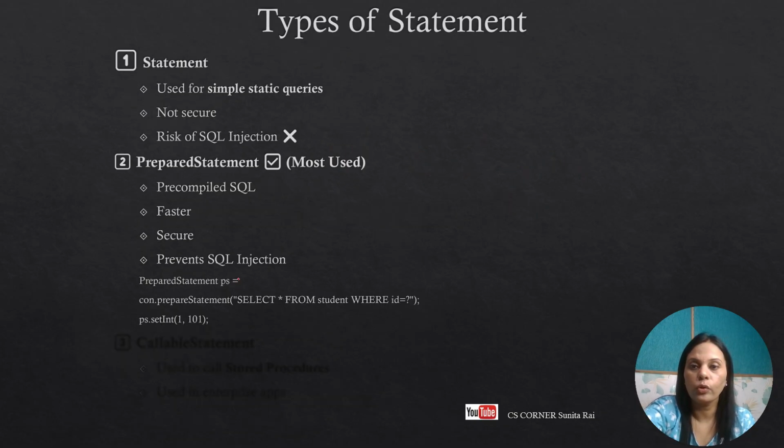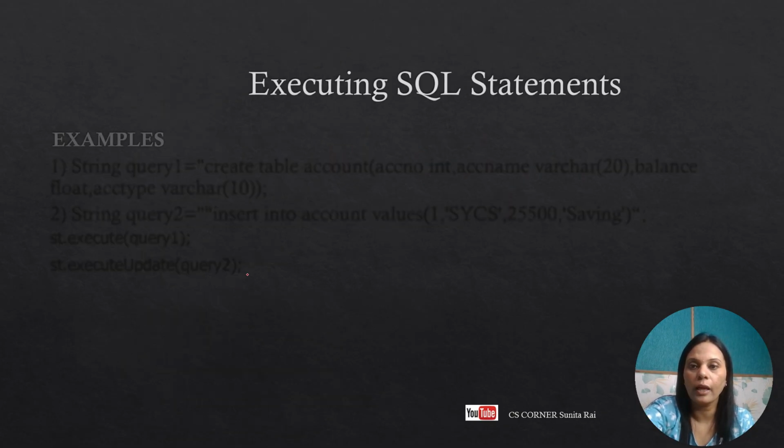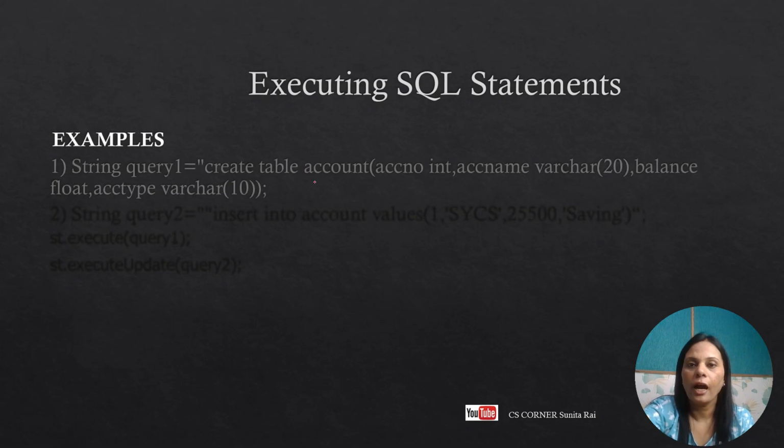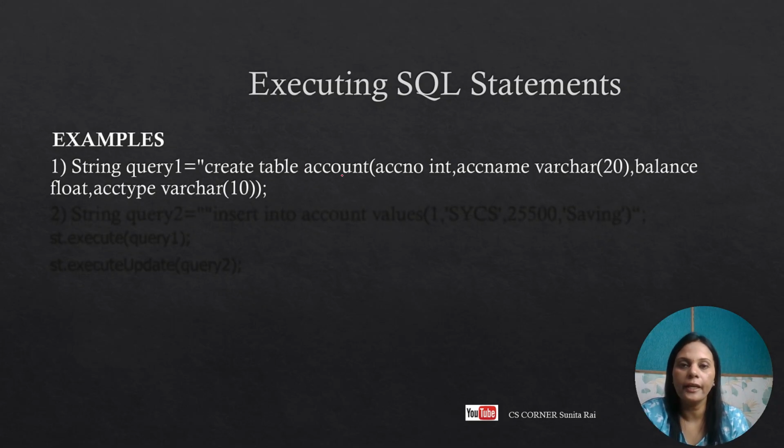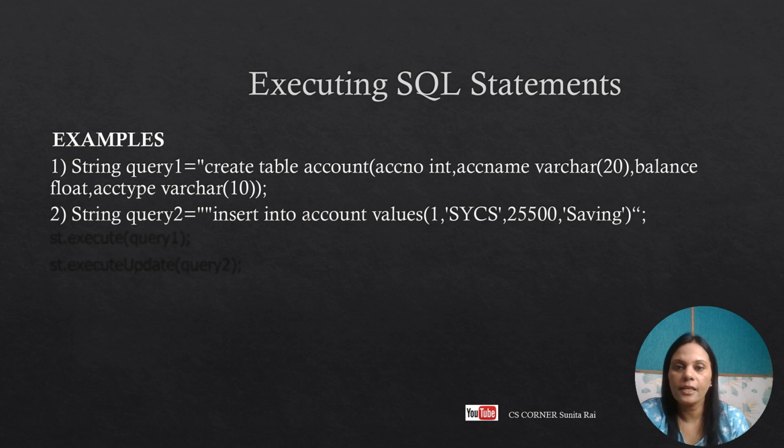Let me just show you how these static queries look. Here, if you see, I have one query: create table account, account number, account name, balance, and account type. Okay, this is my query. Another query is insert into account values 1, SYCS, where 1 is the account number, then the account holder name, then the balance, and then the type of account, saving or current.